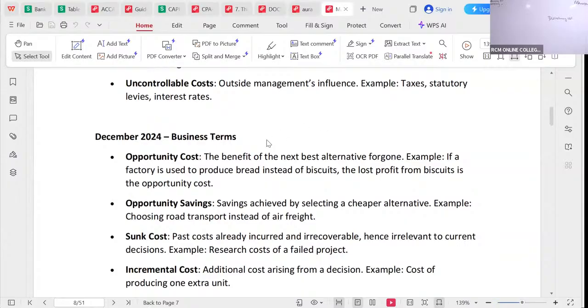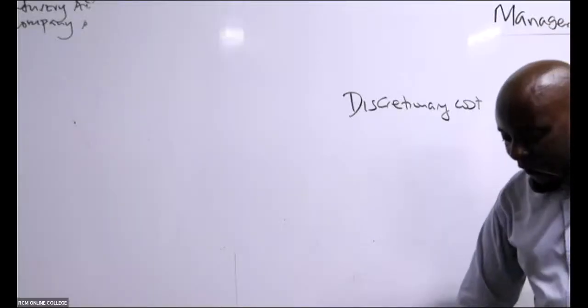So we have their business terms which came in December 2024. They want us to define opportunity cost. Like now you guys, for you to be here, you must have sacrificed something outside there.